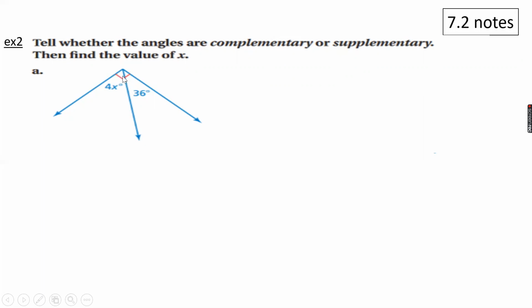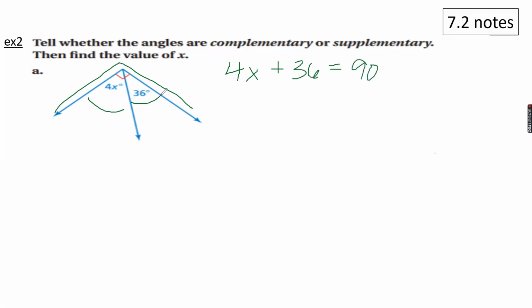That little tiny box tells us that it is 90 degrees. So I know that this angle right here is a 90-degree angle. But I'm trying to figure out the x, so I'm going to have to use the two angles on the inside. If I add those two angles together, 4x plus 36, it's going to give me my 90-degree angle.